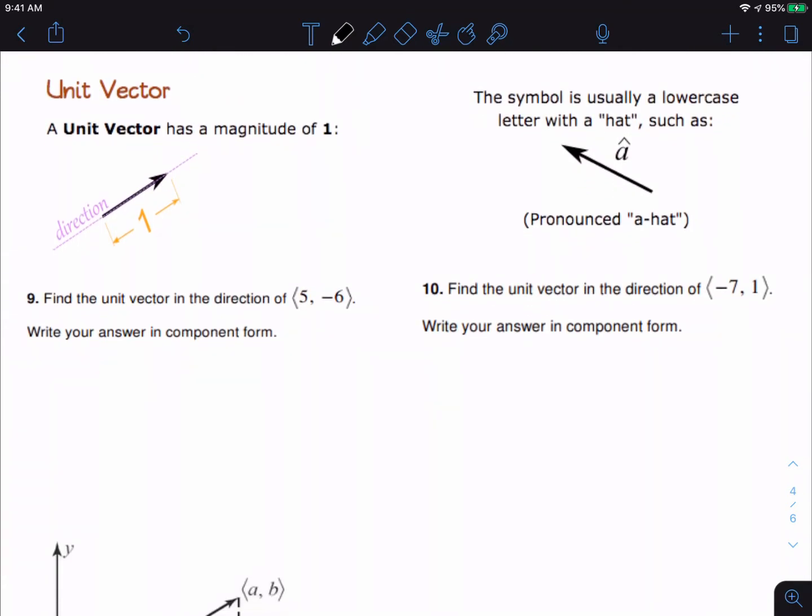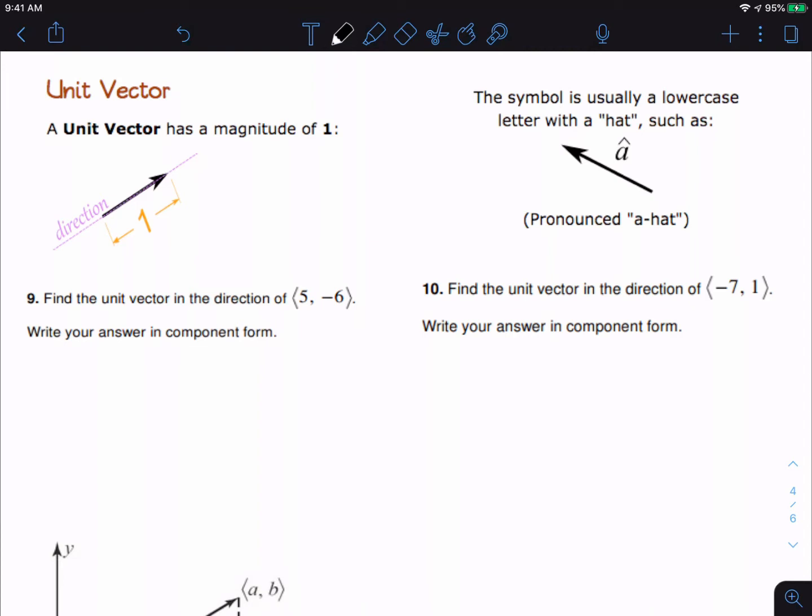Now, the unit vector. It's called the unit vector because, right, we have the unit circle, and the unit circle has a radius of what? What's the radius of our unit circle? Do you guys remember?